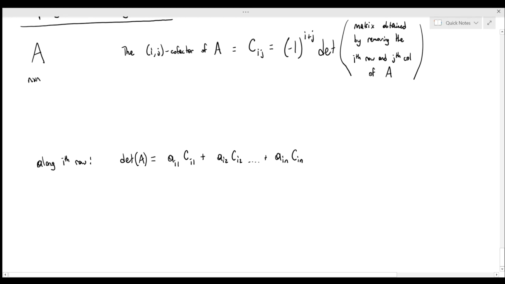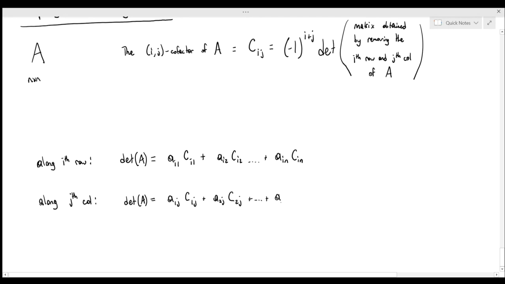And instead of going along one of the rows, I can also go along one of the columns. If I did that, I would take each entry in the jth column, so a_1j, a_2j, and so forth, multiply each by the corresponding cofactor, and then add all of those up.